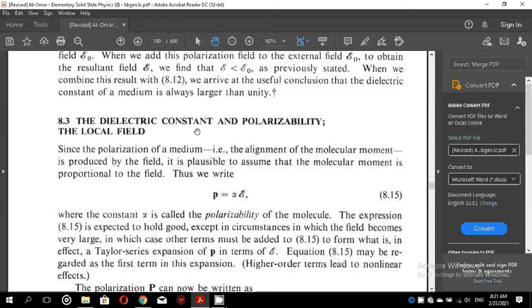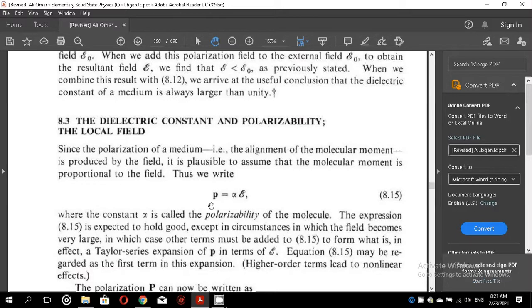The dielectric constant, as we said, is a very important parameter, and we will correlate this with the polarizability of the medium, and we will introduce the local field. Since the polarization of a medium, that is the alignment of the molecular moment, is produced by the field, it is plausible to assume that the molecular moment is proportional to the field.